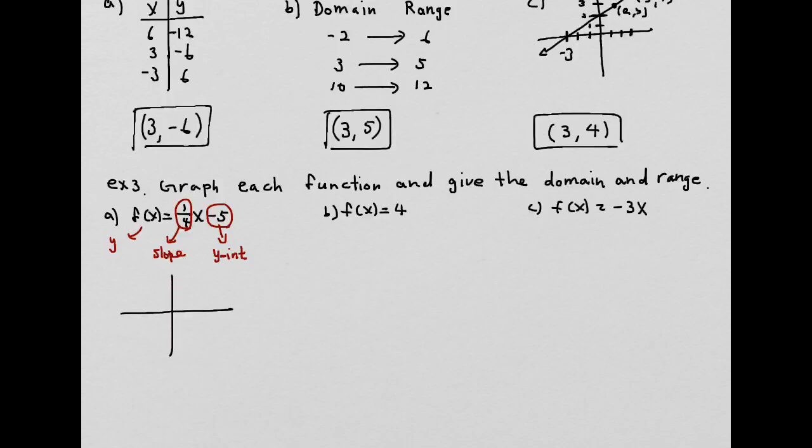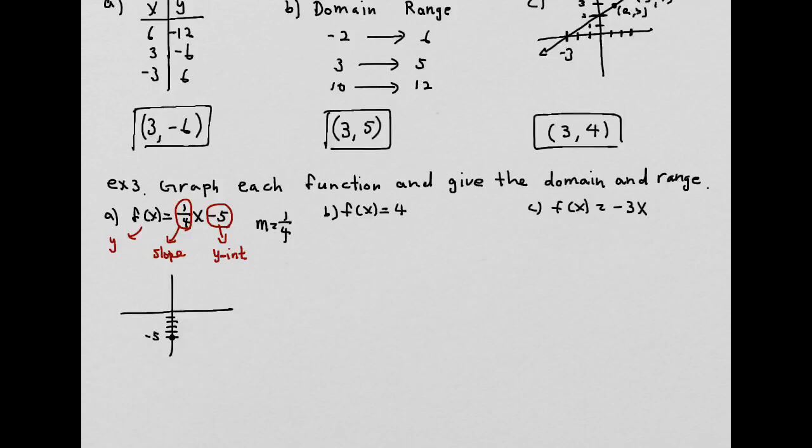So with those two pieces of information, you should be able to graph this. We usually mark the y-intercept first, so negative 5. And then we have a slope equals 1 over 4. The numerator 1 means going up 1.